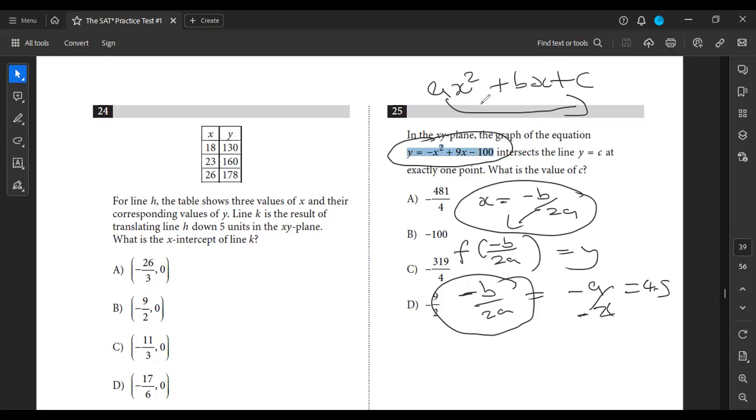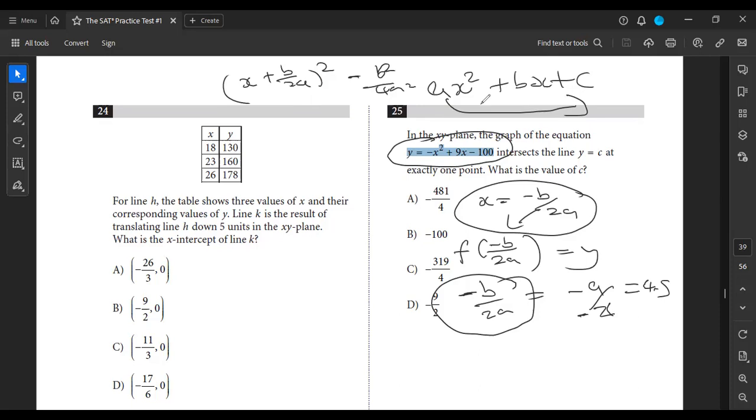If you had to complete this square, you're going to probably end up with x plus b over 2a squared minus, or plus, whatever the y value is, which would be, I think, b squared over 4a squared or something like that. But we can look at that later. So don't think too much into that. I'll just give you guys a shortcut that the x value is always going to be negative b over 2a.